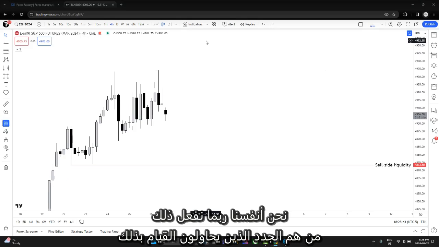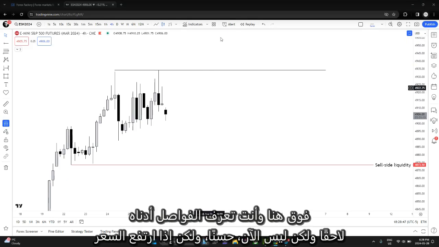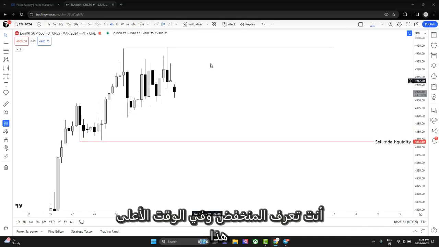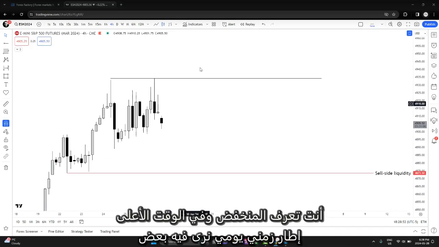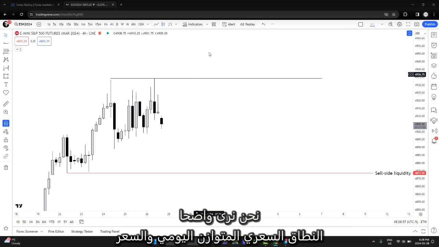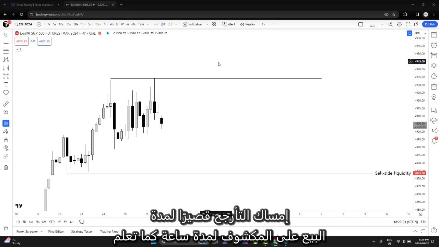We'll probably be doing that later, but not now. But if price goes above here and breaks below this low, and on the higher time frame, the daily time frame, we see a clear daily balanced price range, and price trades back up into that, then we'll be shorting on the 1 hour, holding a swing short for a while.